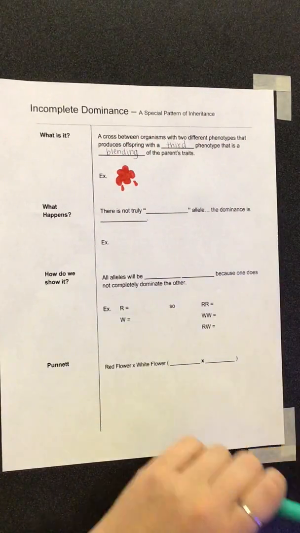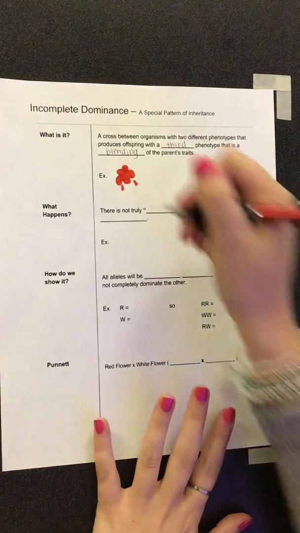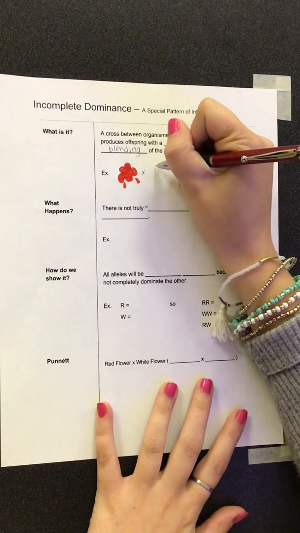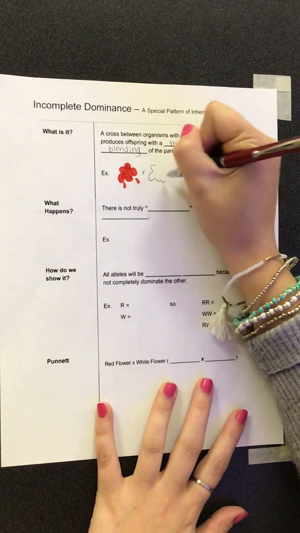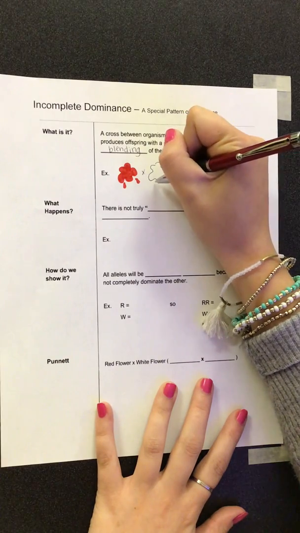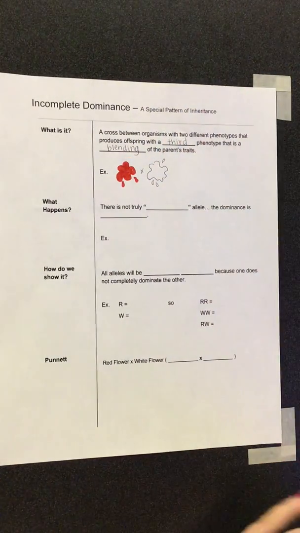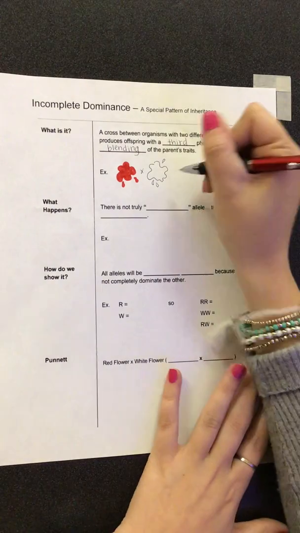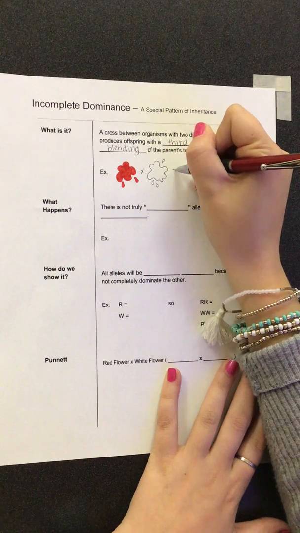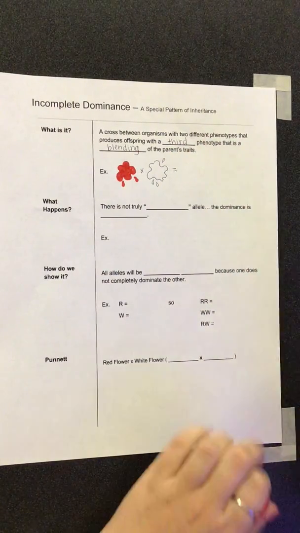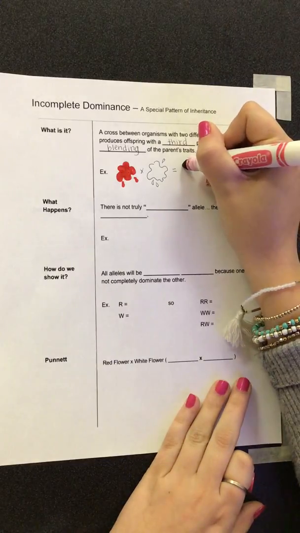And you mix that red paint with white paint, and I'm just going to outline the white paint with my pen. Then you don't get red and white paint. You get a blending of those two colors, which would be pink paint.